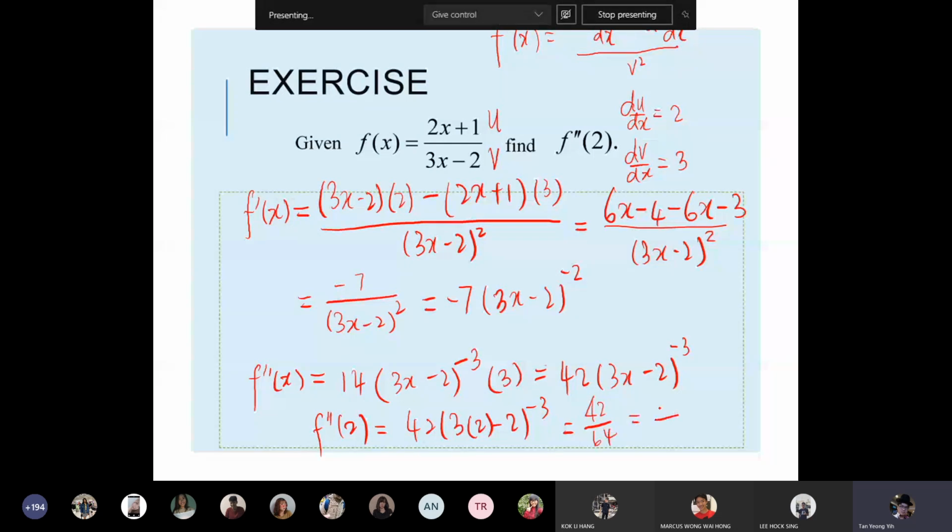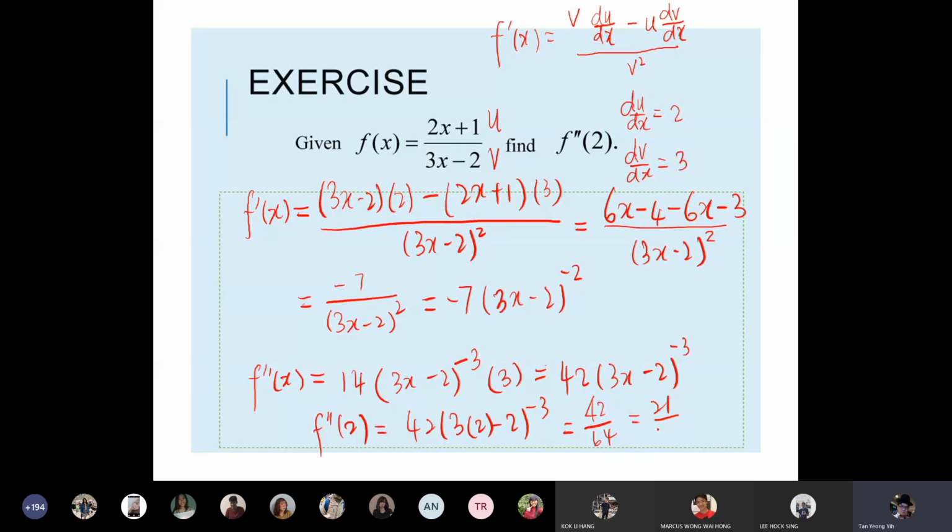We can simplify this one to 21 over 32. Please check my answer. I calculated it manually. Yes, thank you. So this is how we find the second derivative. We differentiate 2 times using the differentiation rules we have learned before.